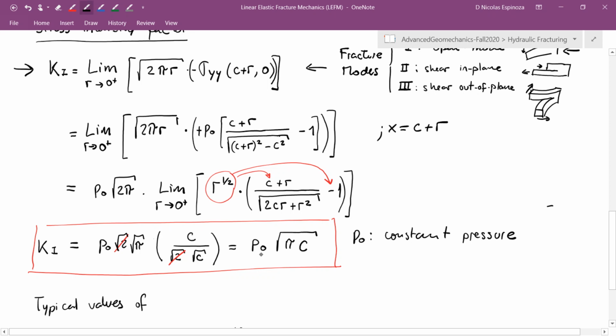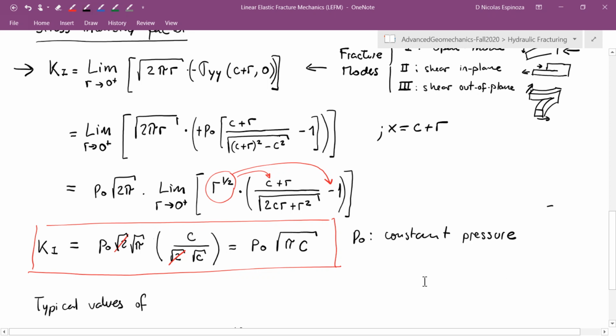What that means is that, for example, a fracture which is short with a given pressure might not propagate, but the same fracture in the same medium, starting at a longer length, is going to propagate with all the same conditions just because of the length. So the longer the fracture, the higher the stress intensity is going to be and the easier it's going to be for those fractures to propagate.